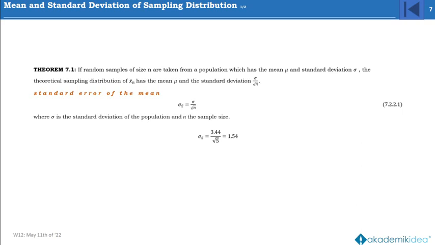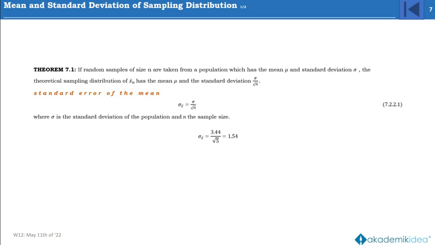It is apparent from the formula for sigma subscript x bar, in which sigma is divided by the square root of n, that the standard error of the mean decreases when we increase the size of the sample.